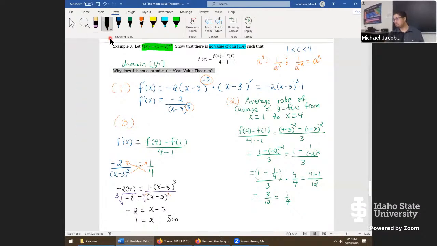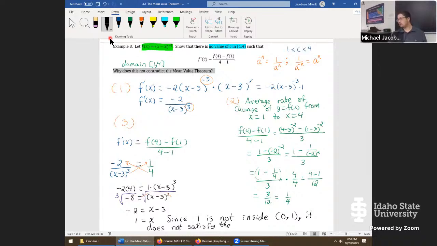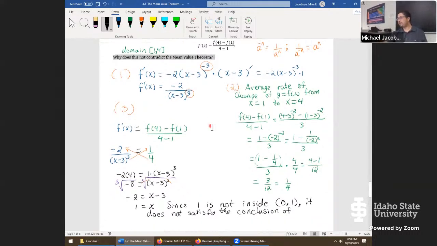Since 1 is not inside 0 to 1, it does not satisfy the conclusion of the mean value theorem.